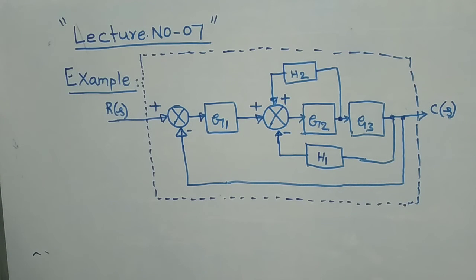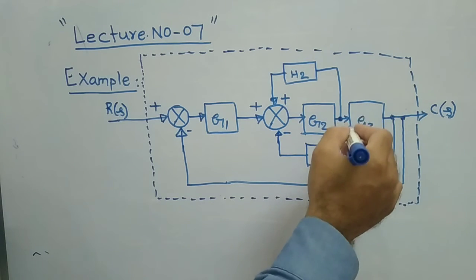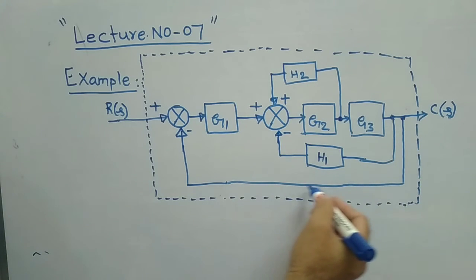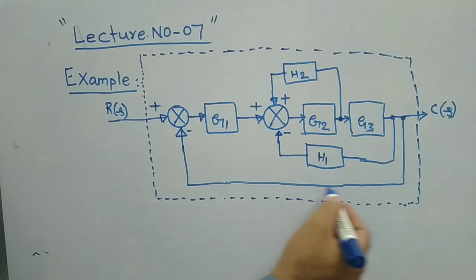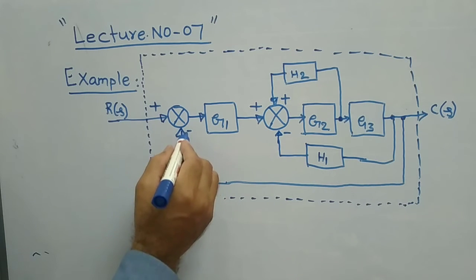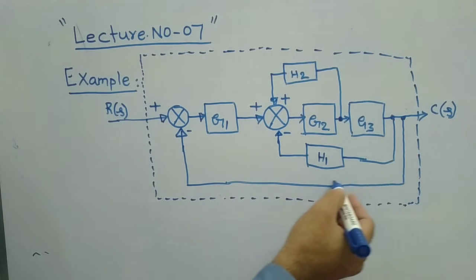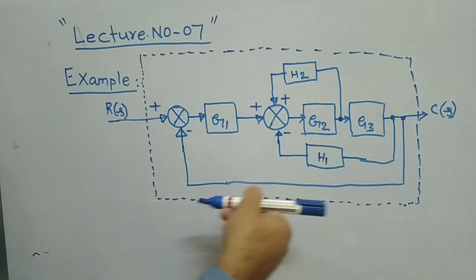Considering this problem, a portion of output is fed back directly to the summer. How is it given, with positive feedback or negative feedback? Obviously, if you see, this part of output is given in which direction? It is coming in reverse, in the opposite direction.